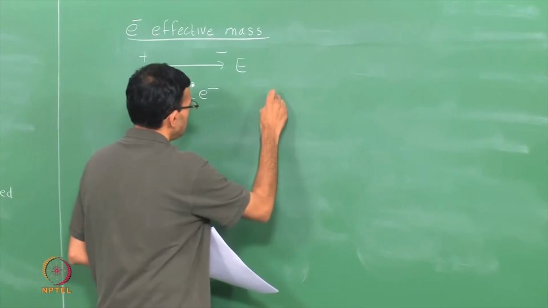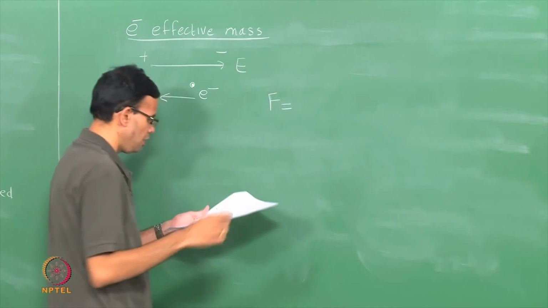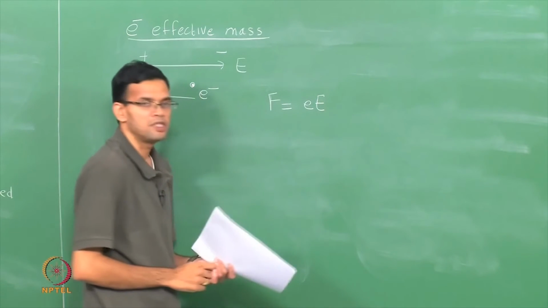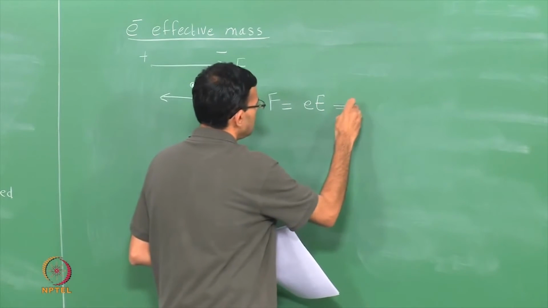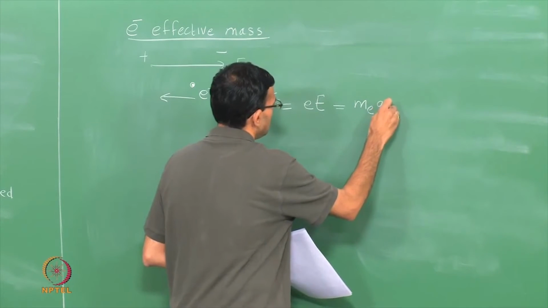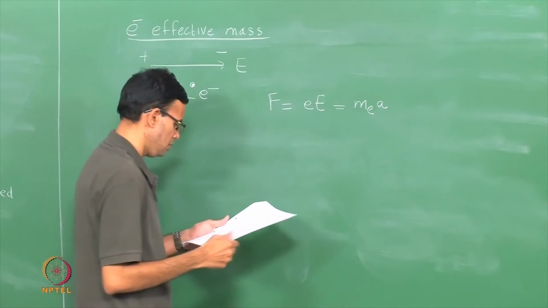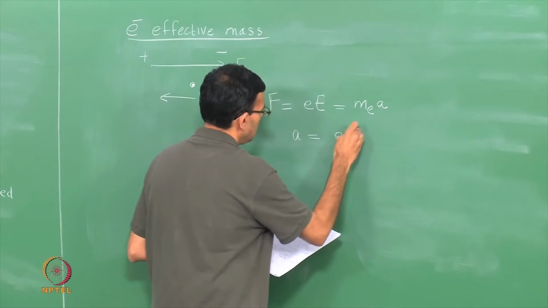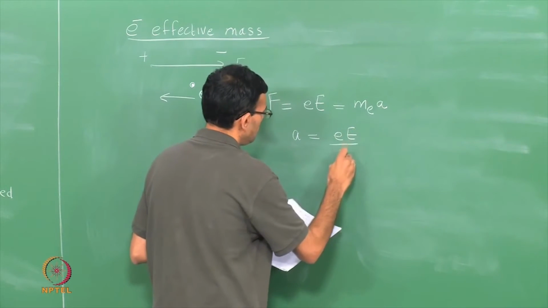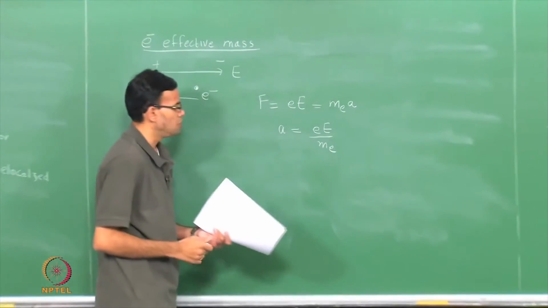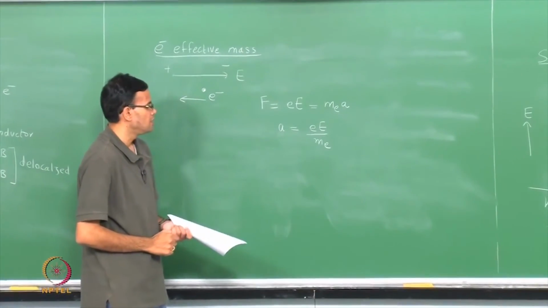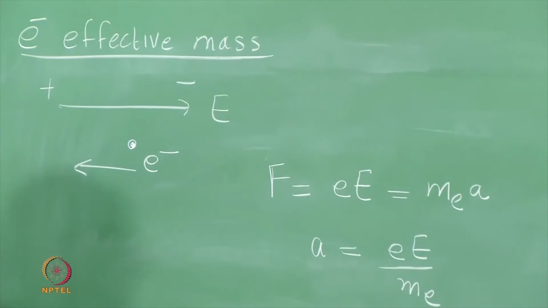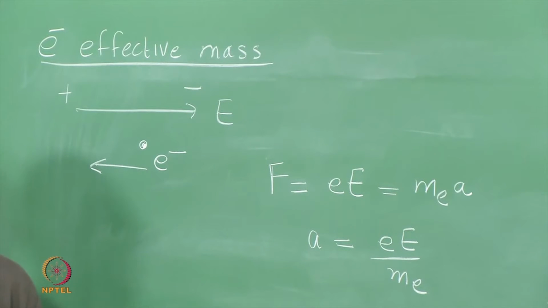For such an electron, the force acting on it is nothing but the charge times the electric field, which is equal to the mass of the electron times the acceleration. So, the acceleration is equal to the electric field divided by the mass of the electron. Now, this is the picture for an electron that is in free space.